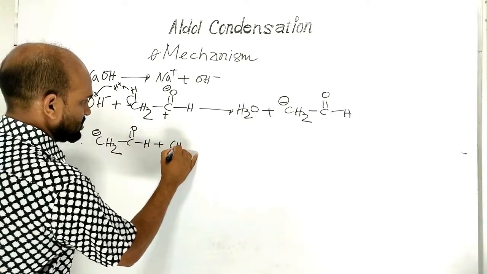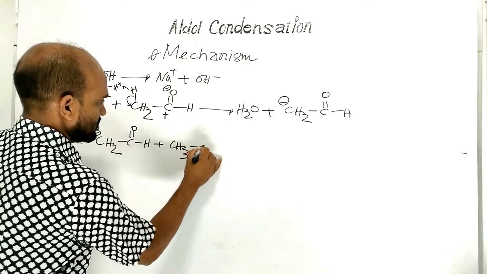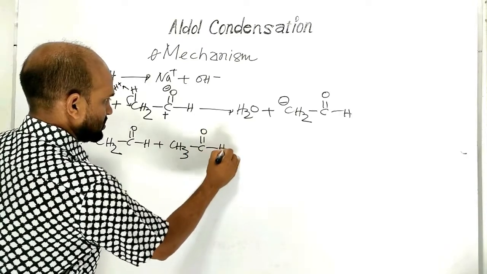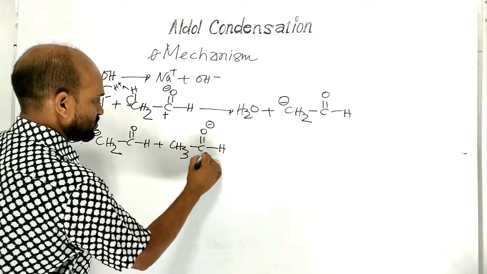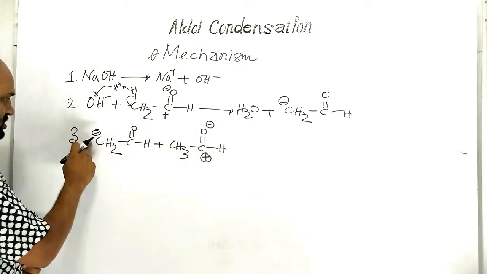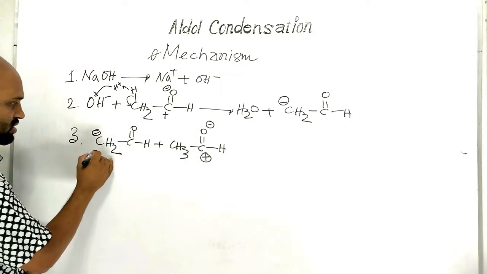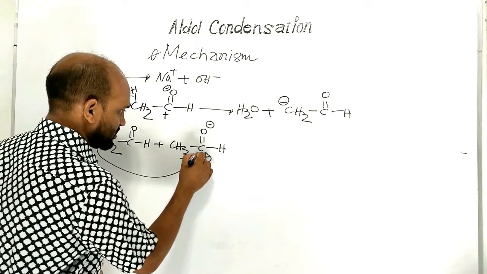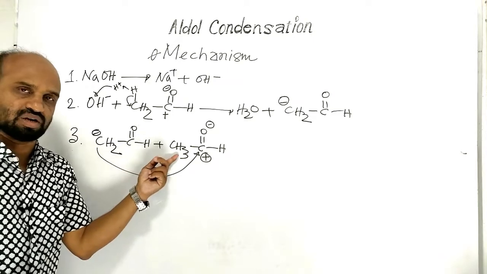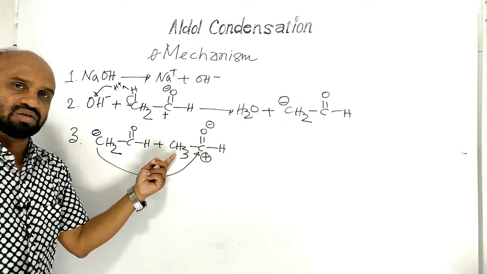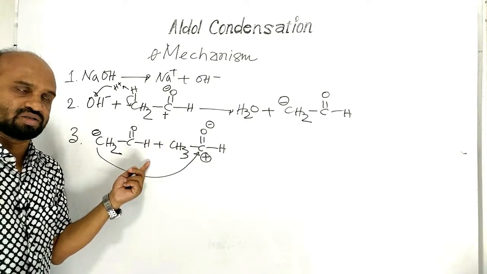This carbanion nucleophile reacts with another aldehyde. Here it becomes negatively charged, it becomes positively charged. This carbanion nucleophile attacks this positively charged carbon and combines with this aldehyde. That is why it is said nucleophilic addition.